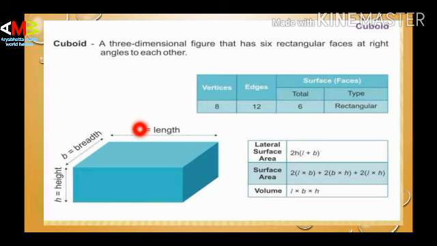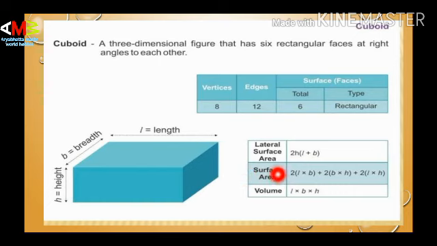A cuboid has a length, breadth and height. There are 8 vertices and 12 edges. It is also a 3-dimensional figure which has 6 rectangular faces. It has 3 formulas. Lateral surface area, LSA, is 2h(L plus B), where h is height, L is length, B is breadth.